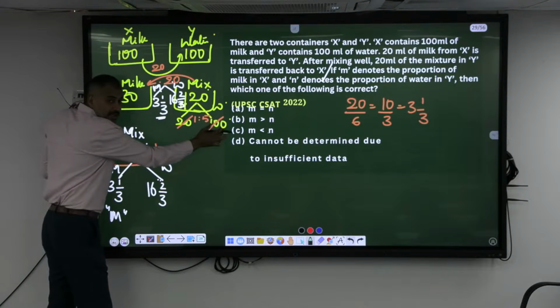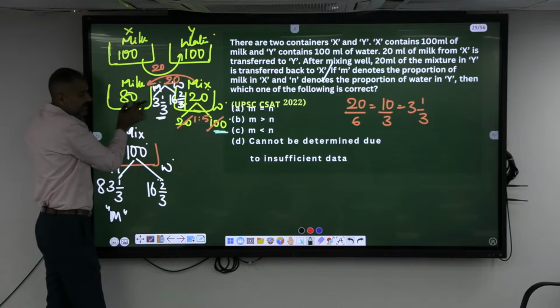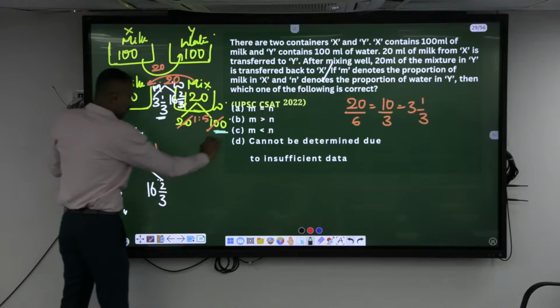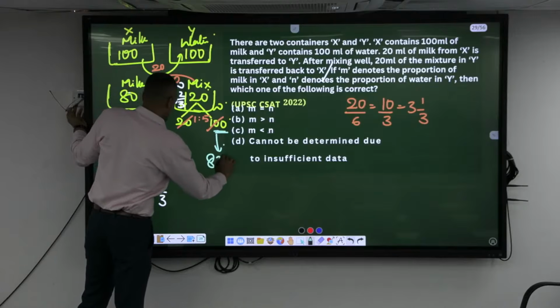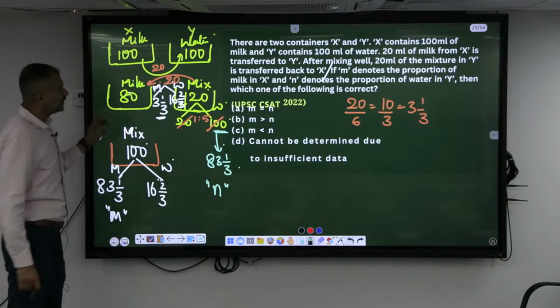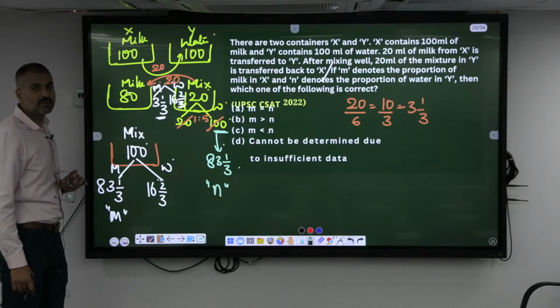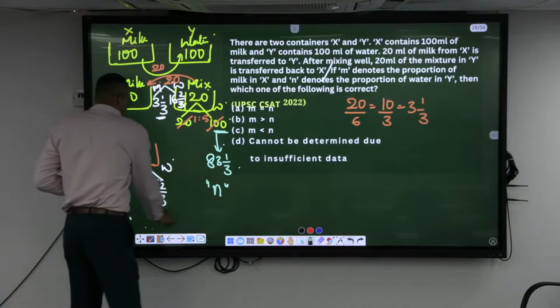Water was 100, out of which we have taken out 16 2/3. What is the remaining water? 83 1/3, which is called N. Now, which of the following is correct? They are equal.